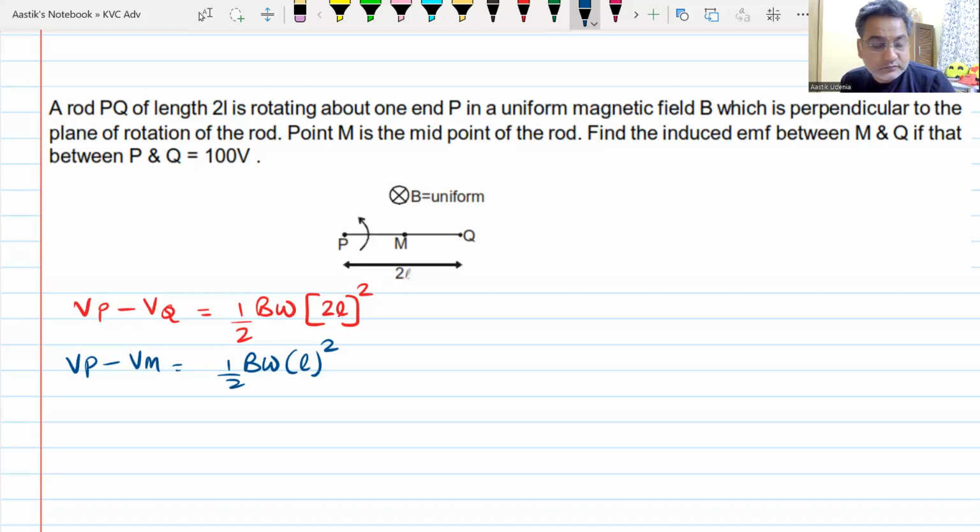M, sir. M will be at a higher potential. So the potential difference between M and Q will be equal to how much?